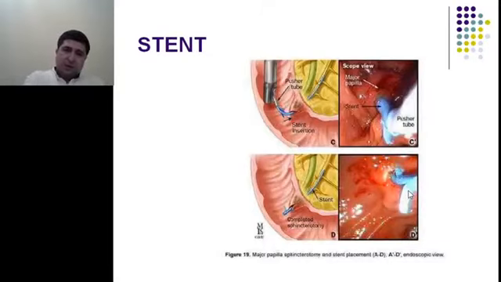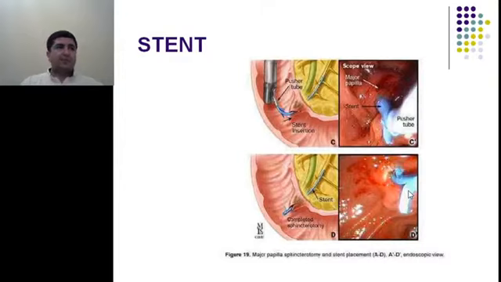Also, by ERCP, we can do stenting. For example, if we perform MRI, if we perform ERCP, and we confirm that the cause of mechanical jaundice is not stones, it's some stricture or compression from outside by a tumor process, we can do stenting of the problem area of the common bile duct.